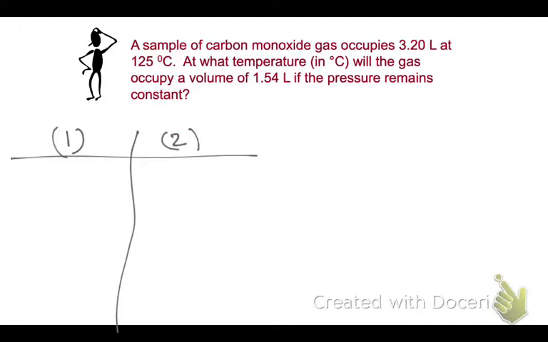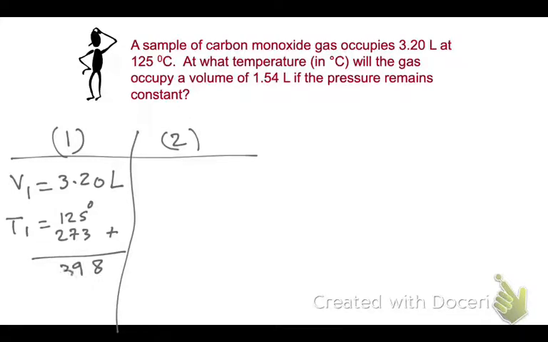What I have here is V1 equals 3.20 liter. I also have T1 equals 125 degrees Celsius. I immediately add 273 because I need this in Kelvin. And that's the temperature that I need.